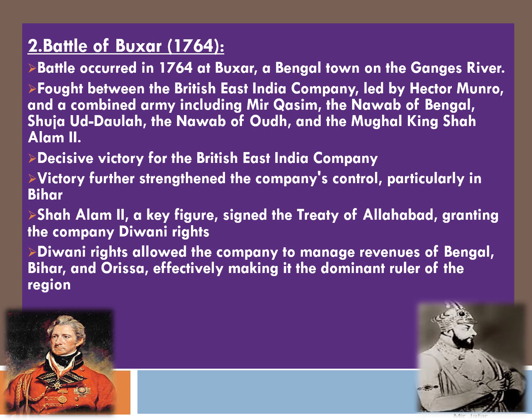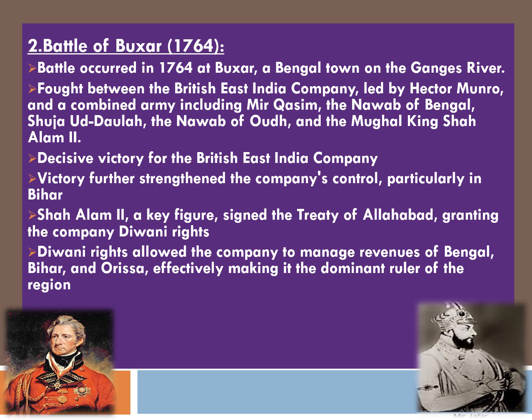Then comes the Battle of Buxar. The battle occurred in 1764 at Buxar, a Bengal town on the Ganges River, fought between the British East India Company led by Hector Munro and a combined army including Mir Qasim, the Nawab of Bengal, Shuja-ud-Daulah, the Nawab of Oudh, and the Mughal king Shah Alam II.